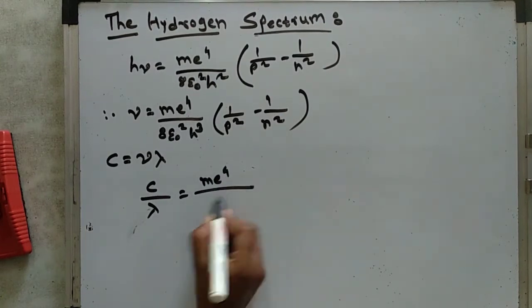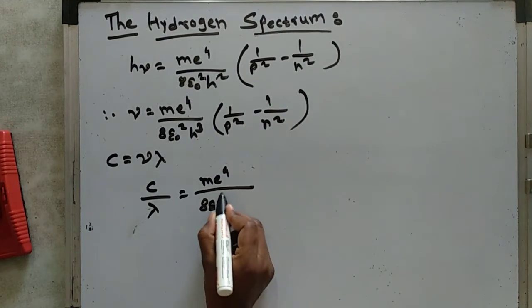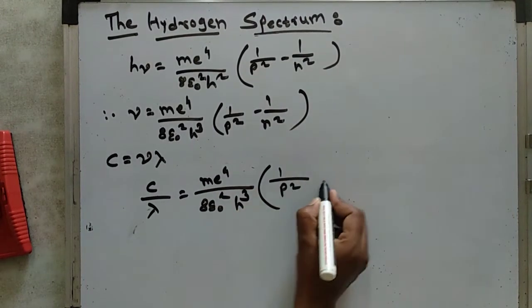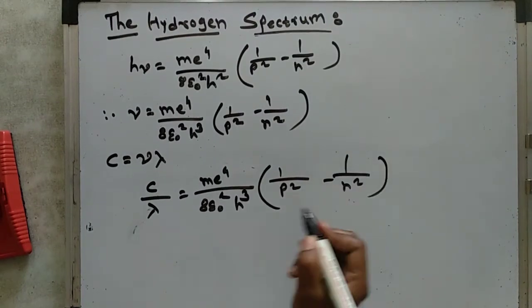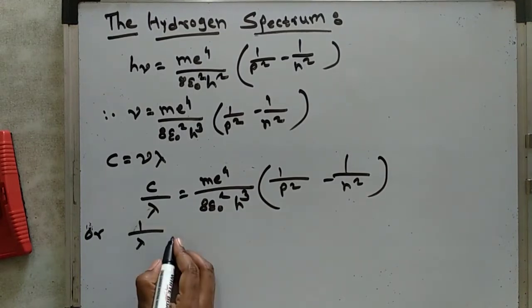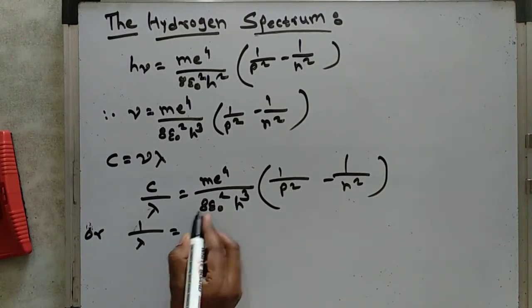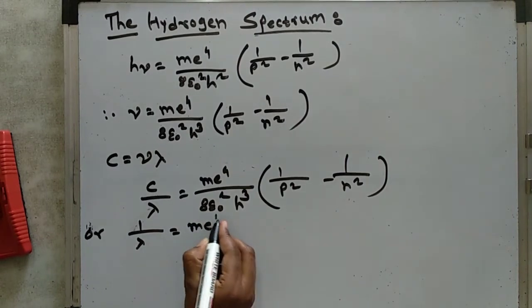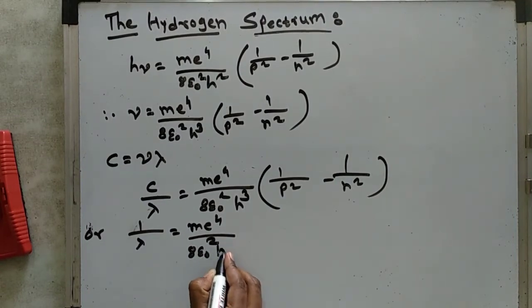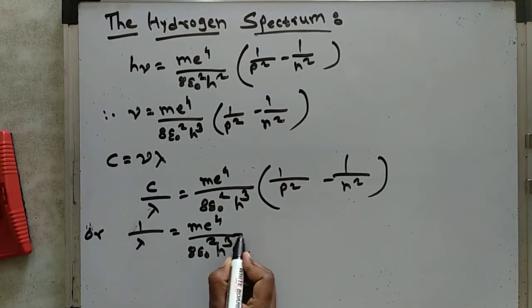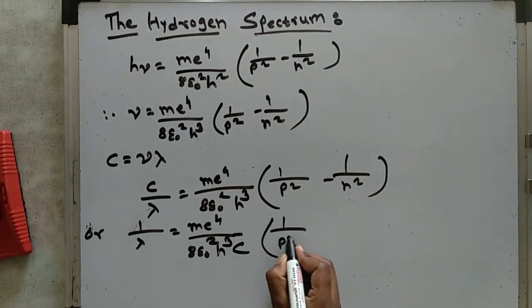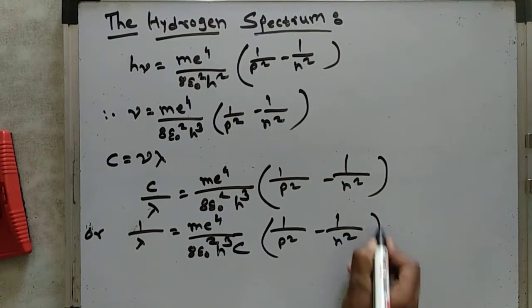me raised to 4 upon 8 epsilon naught square into h cube into 1 upon p square minus 1 upon n square, or 1 upon lambda equals, rearranging this term, me raised to 4 upon 8 epsilon naught square h cube c into 1 upon p square minus 1 upon n square.